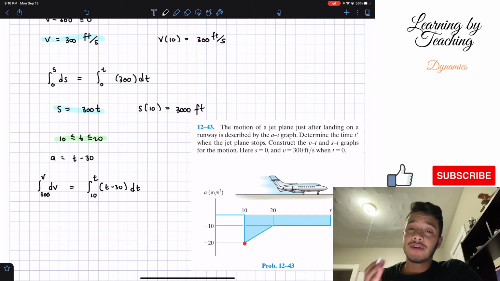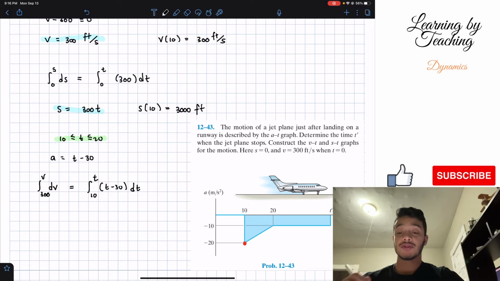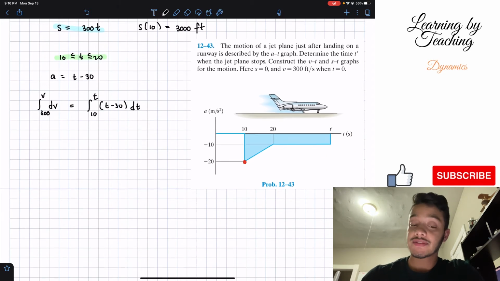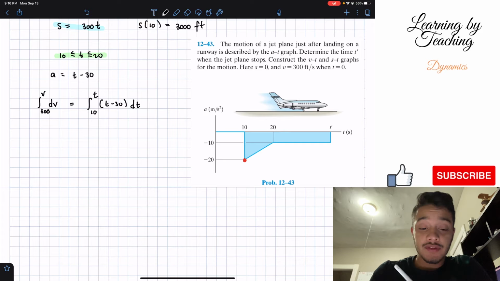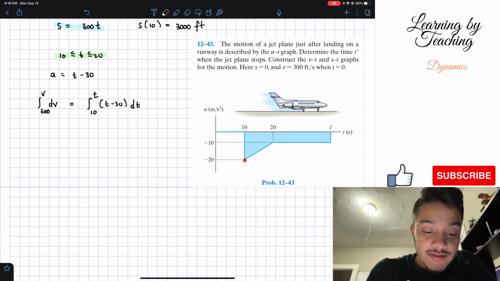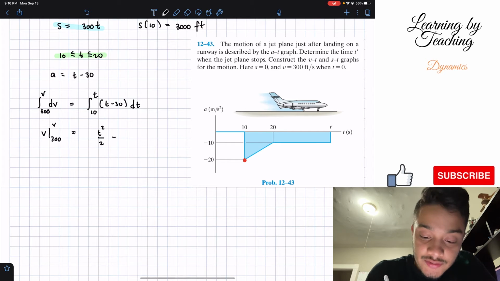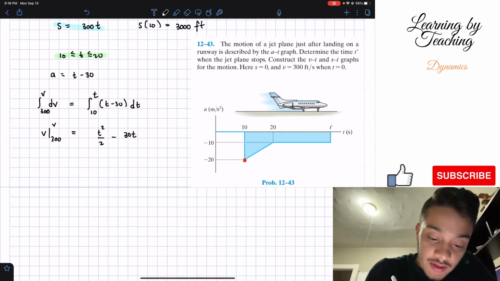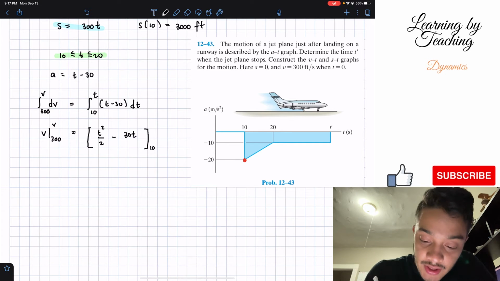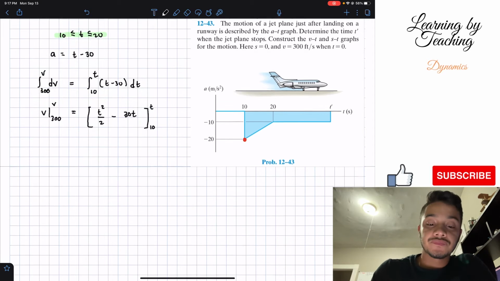We know the final time for this acceleration is 20, but we're going to keep it in variable form, as t. Solving the integral, v from 300 to our final velocity has to be equal to t squared divided by 2 minus 30t, evaluated from 10 all the way to our final time.